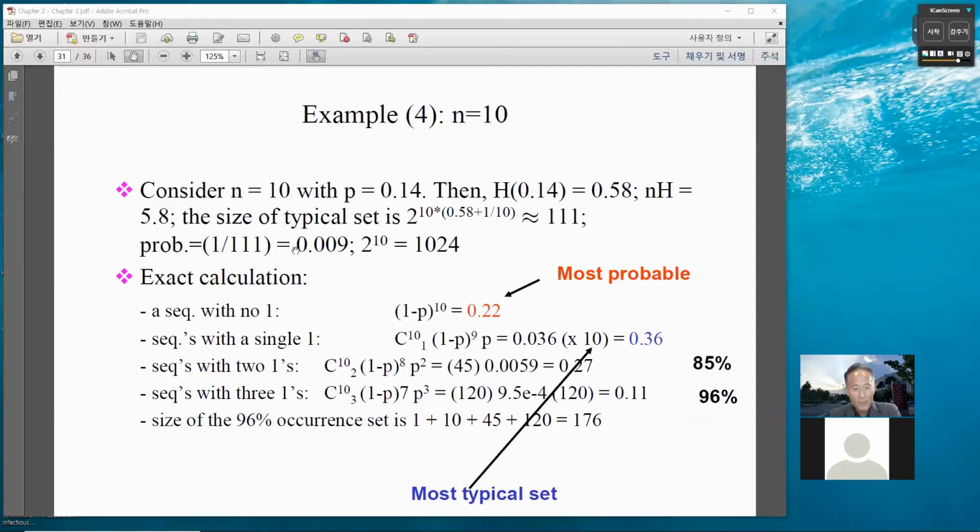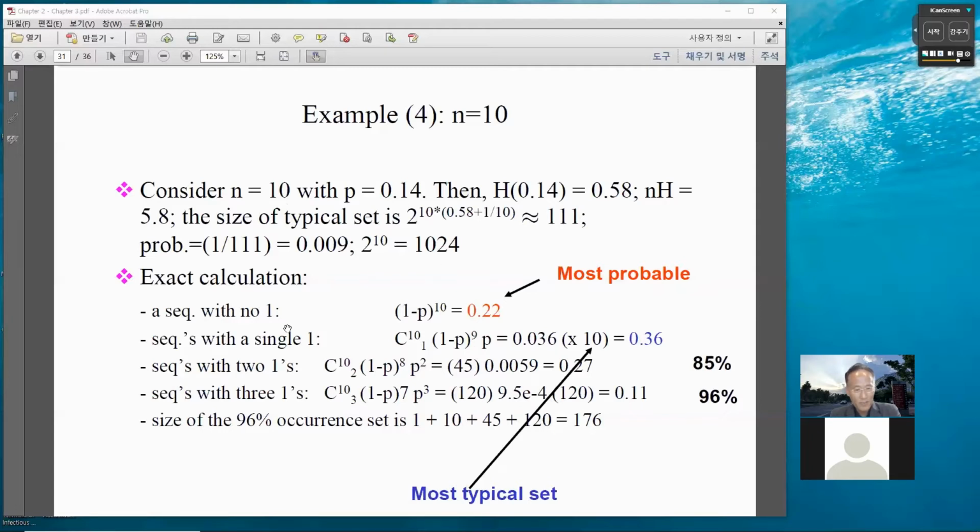So obviously it is somewhere closer to this one, but not very close, right? But you can say that it is close to this number, for example of this one, especially when n times p is, in this case, 1.4.